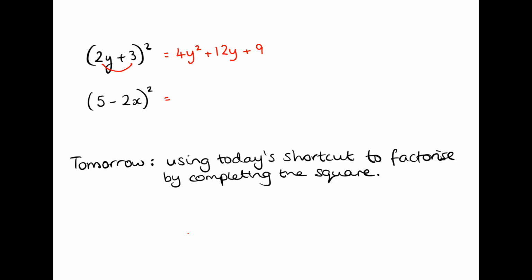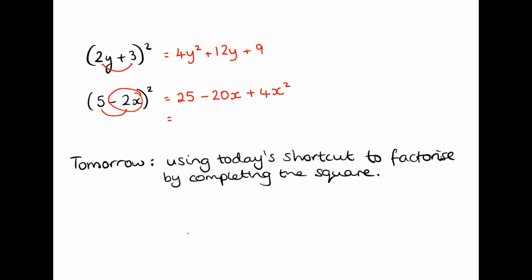And then our last one, I've just done this one with the terms the other way around in the bracket. So the first term squared is 5 squared, so that's 25. Multiply the two things together, that would give you negative 10x, and double that, so that gives you negative 20x. And then you've got negative 2x times negative 2x, so that's going to be plus, because it's negative times a negative. 2 times 2 is 4, x times x is x squared.